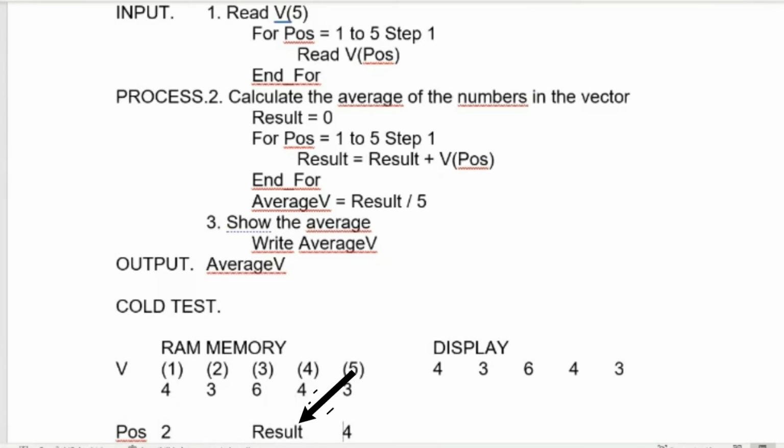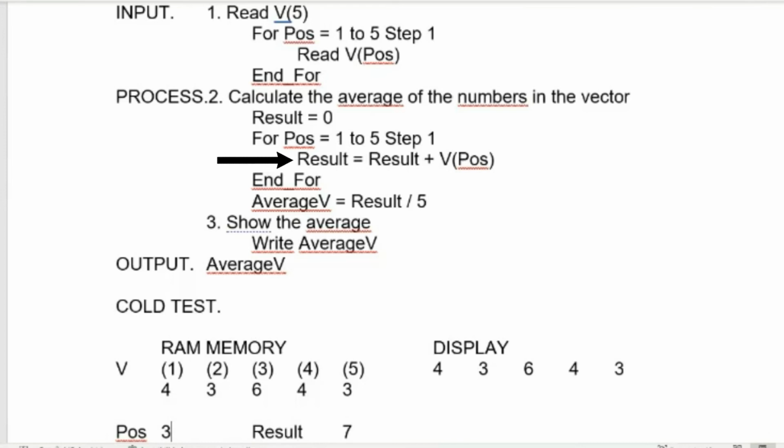Result is equal to result, which is 4, plus vector in position 2. That means number 3. So 4 plus 3 is 7. And for step 1, number 3.